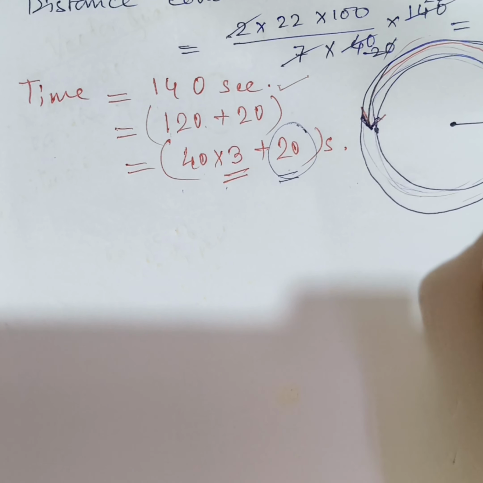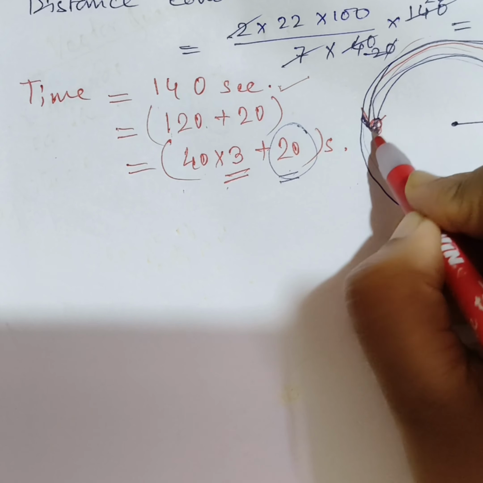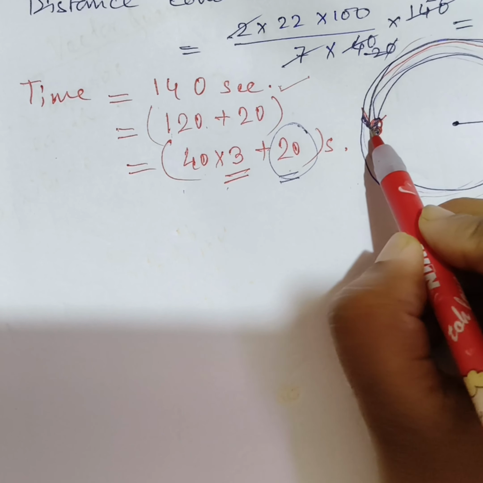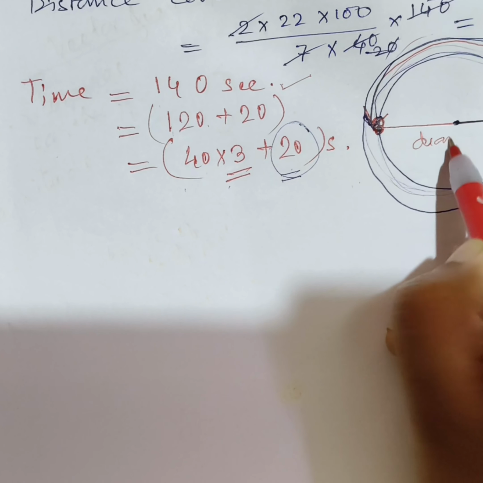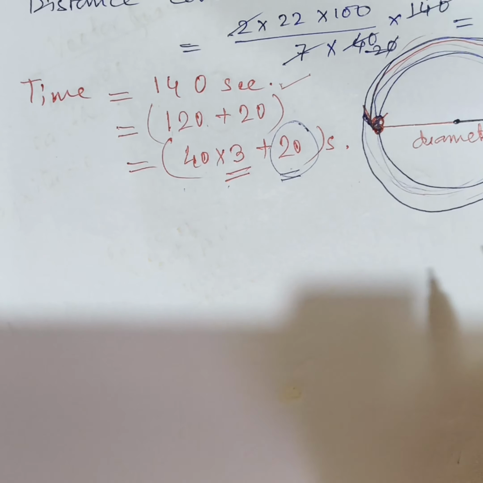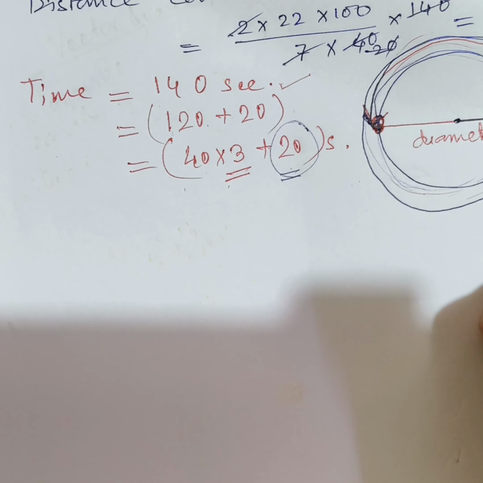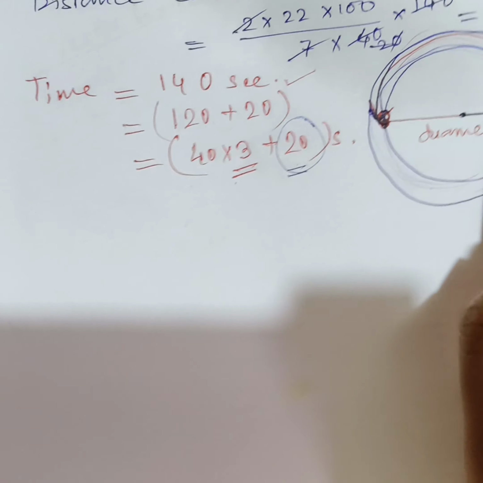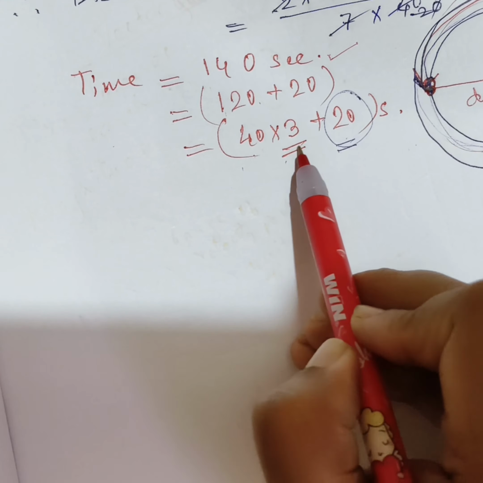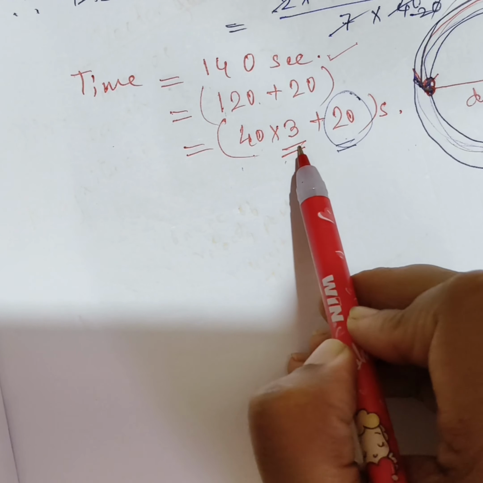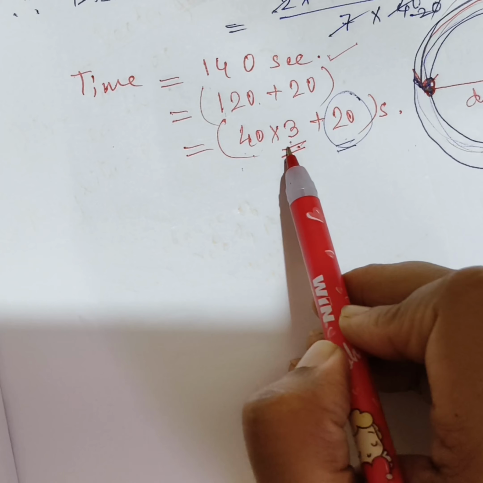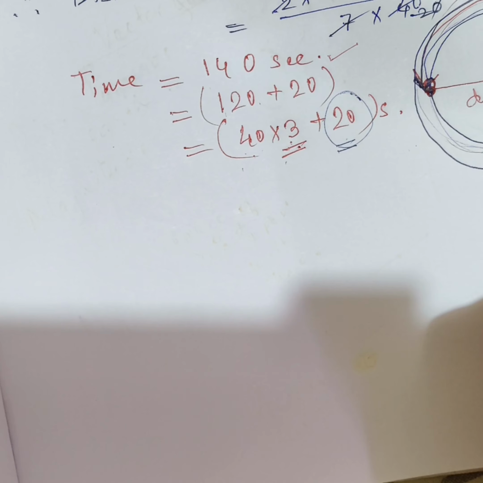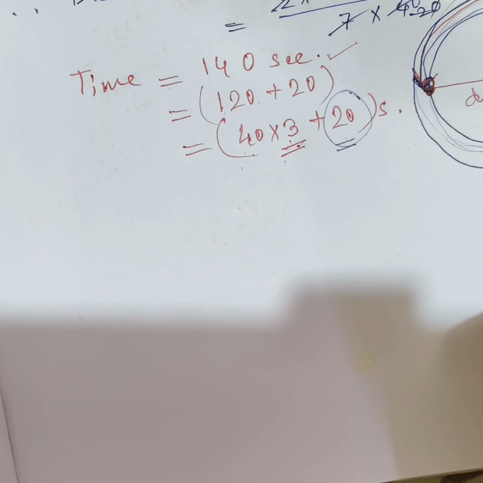So the initial point is here and the final point is here. And then what is this distance? This is the diameter. What do I mean to say? In this 40 into 3, that means 3 rounds of the circular track, the displacement will be 0, because the athlete starts here and completes 1 round, so the initial and final positions are the same.